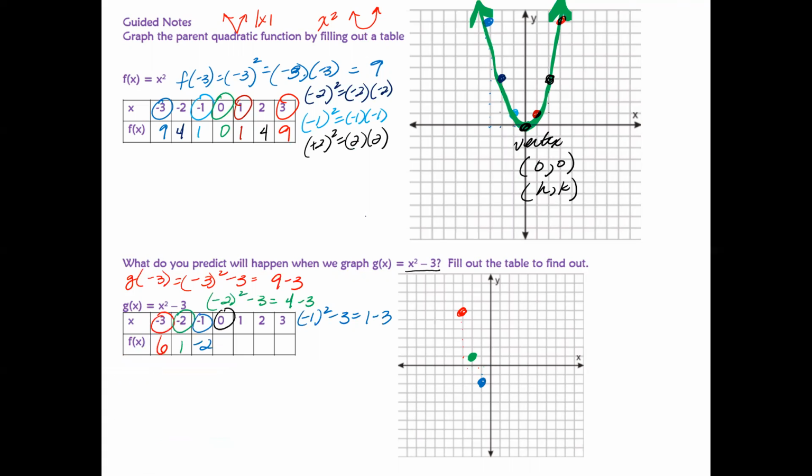And then when x is 0, 0 squared minus 3 is just 0 minus 3, which is -3. After that, x equals 1, so 1 squared minus 3 is going to give me -2. And then I think you could kind of guess when it's 2, it's going to be a 1. When it's a 3, it's going to give me a 6.